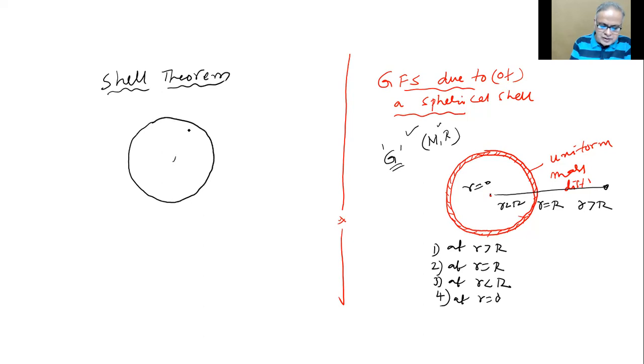I'll consider one ring element here, which may be described by theta and d theta, like that. So due to this ring element, you would like to find out the gravitational field strength here and integrate it over the full surface of the shell to get the gravitational field strength here. Do you follow what I speak?